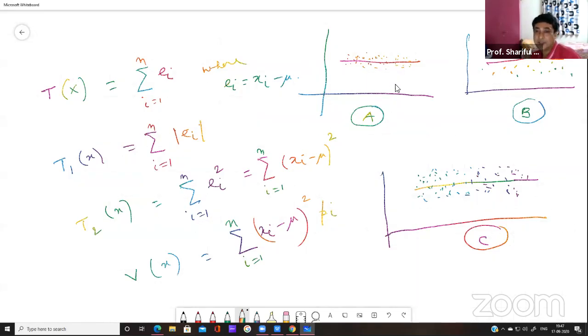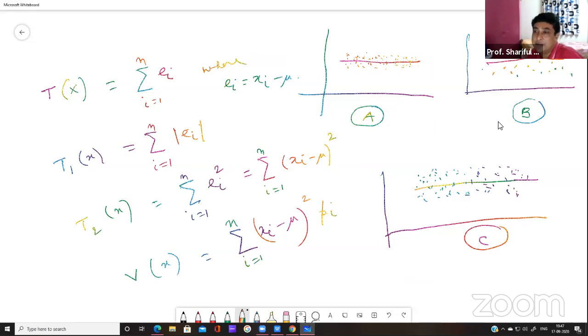Suppose we have a data set here. This is the first data set A, and let's say these are the 1,000 data points you have collected.